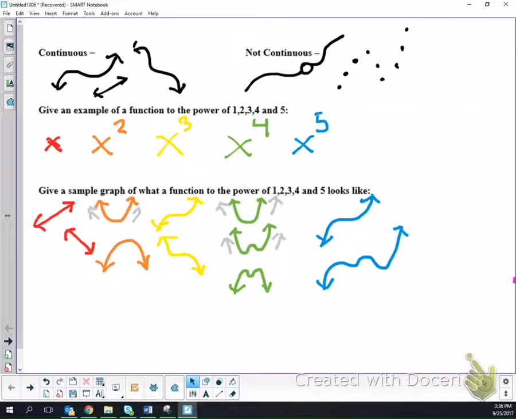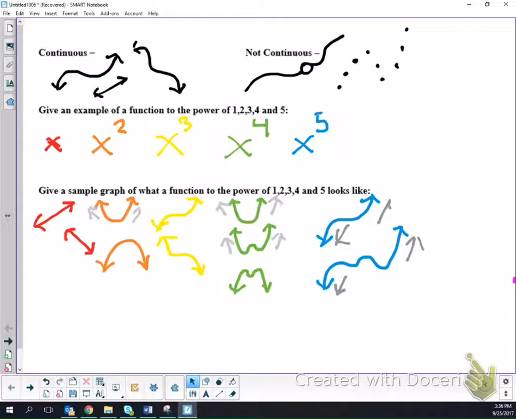But in the end, once again, we just want to focus in on those main end behaviors, and we see that those are basically the same. As we're going backwards in the x-axis, both of these are going down. As we're going forwards in the x-axis, both of them are going up. And then if it was a negative x to the power of 5, then just reverse all of that.